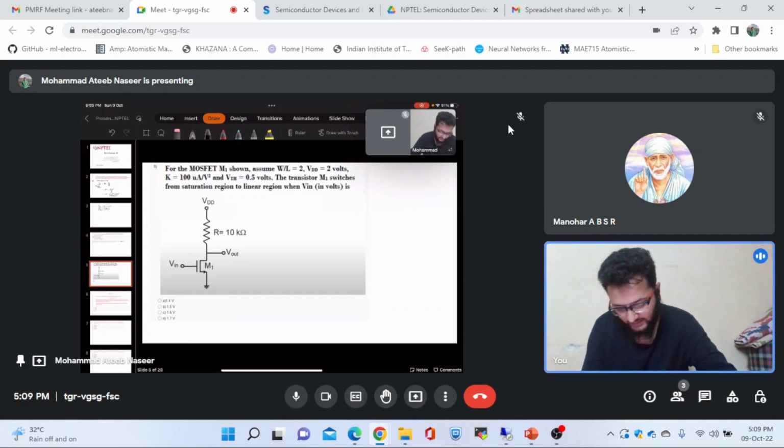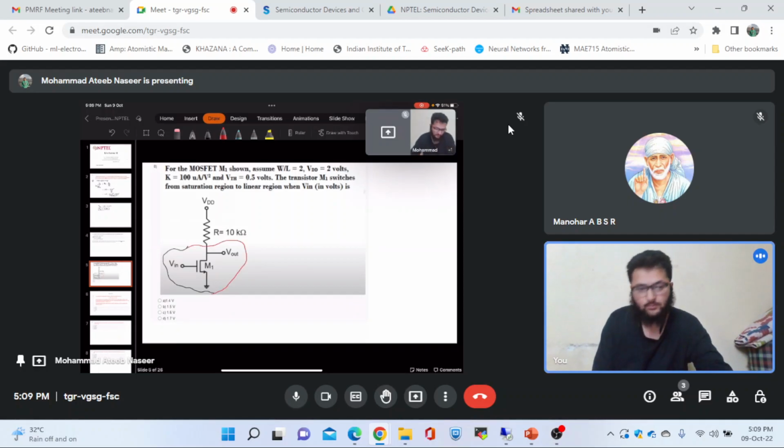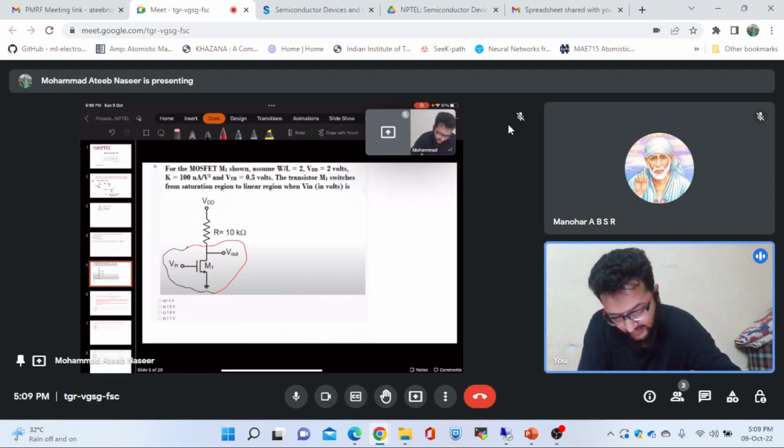Let's move towards another problem. It has been shown that there is some MOSFET over here. We can see that. Let me use another color. We have been given some MOSFET, and this MOSFET M1 has parameters like W by L given to be equal to 2, and the operating voltage VDD is given to be equal to 2 volts.